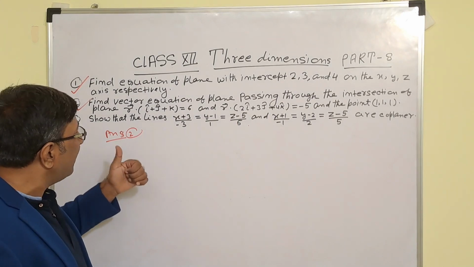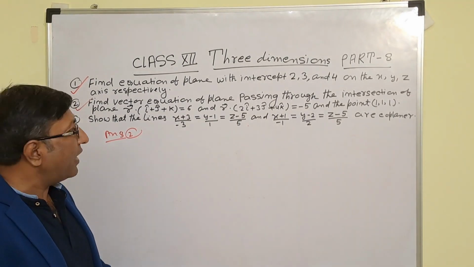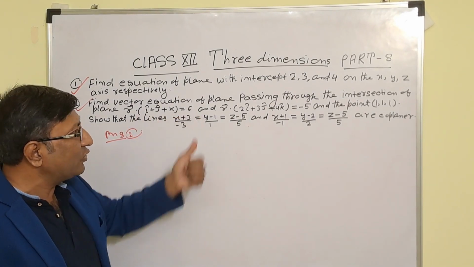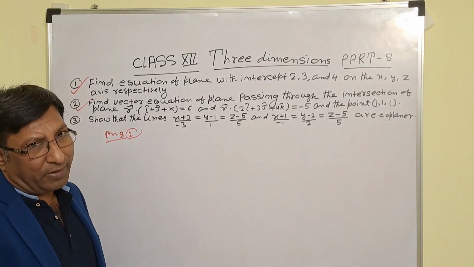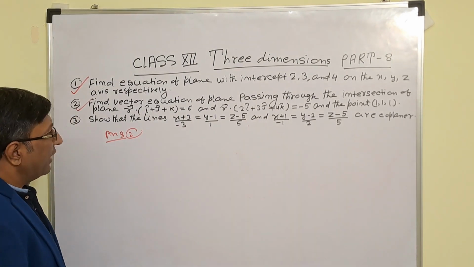We have to find the vector equation of the plane when our required plane passes through the intersection of these two planes and through that point. For this type of question, what can we do? See, what is the formula?